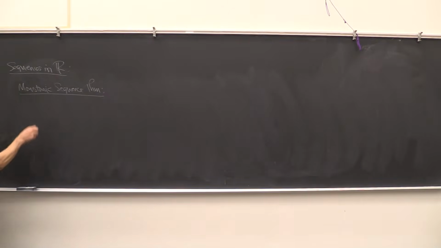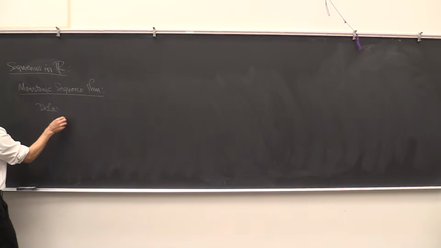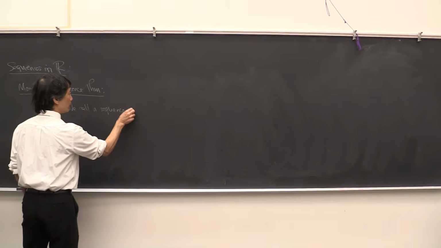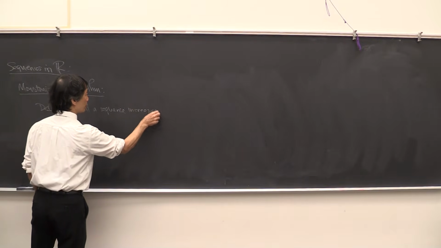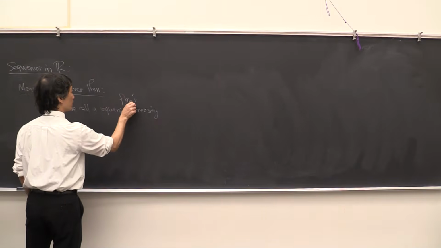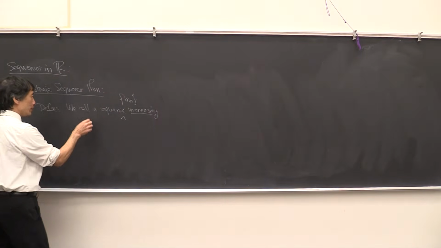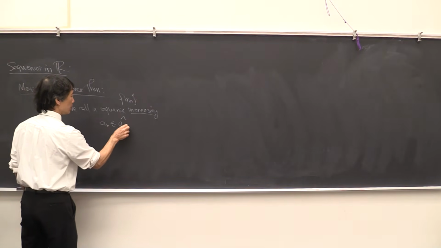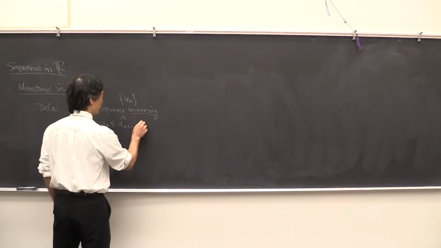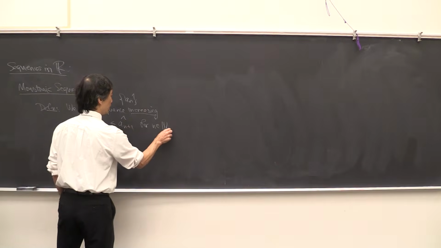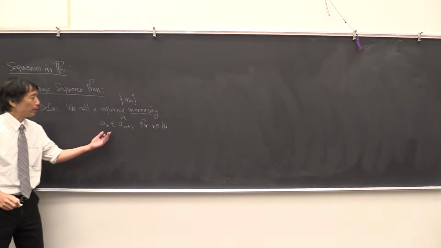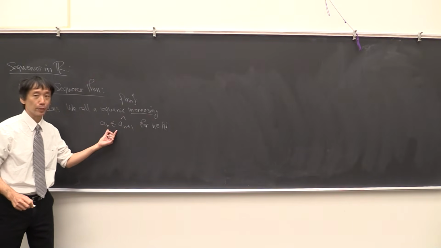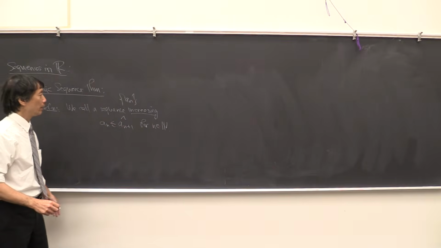Okay, so definition: we call a sequence increasing if a sub n is always less than or equal to a sub n plus 1 for all n. If I say strictly increasing, that means it's not less than or equal to, but less than.